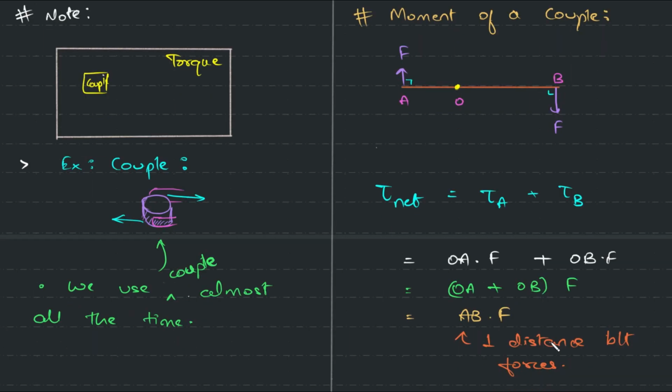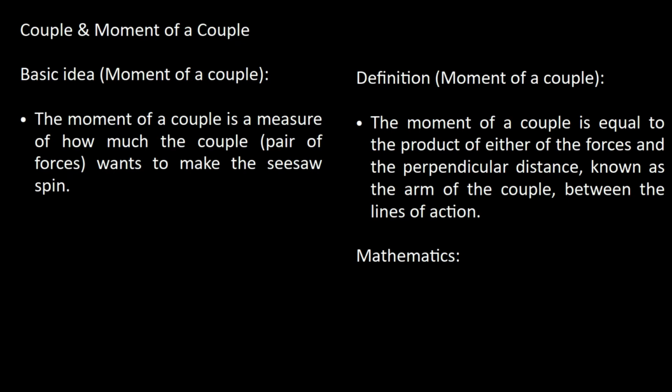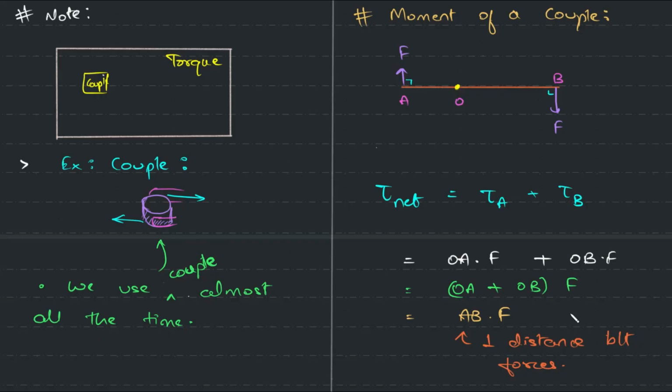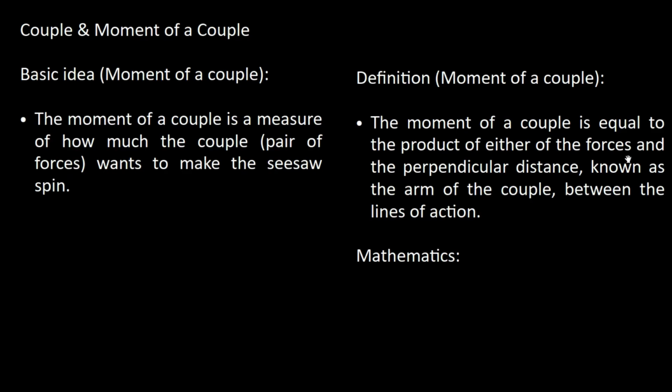So this forms the moment of a couple. The moment of a couple is equal to the product of either of the forces. Can you see that? It's just one F, not 2F. It's F times the perpendicular distance. This is known as the arm of a couple.